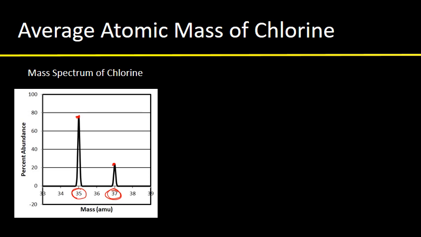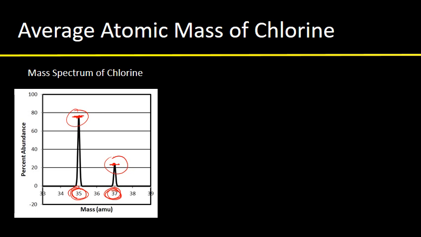And you can also look at these guys here and estimate where you think those ratios are. So you might think this is 78% and 22%, or 77 and 23%, or whatever. If you have a problem that looks like this, just estimate these percents as well as you can, and you can assume that the isotopic masses are 35 AMU and 37 AMU.